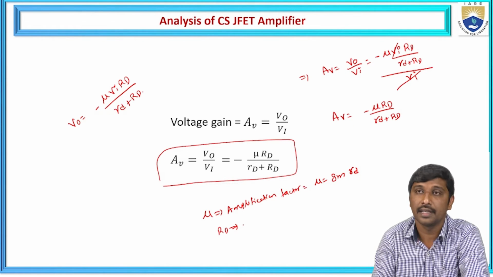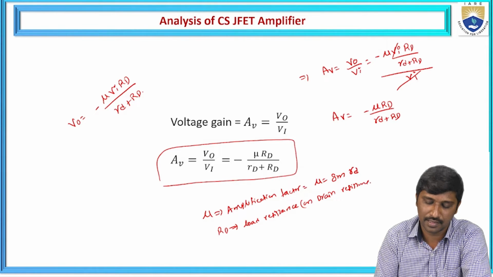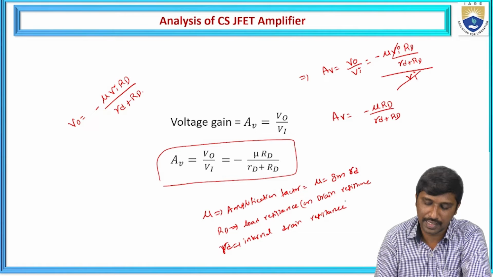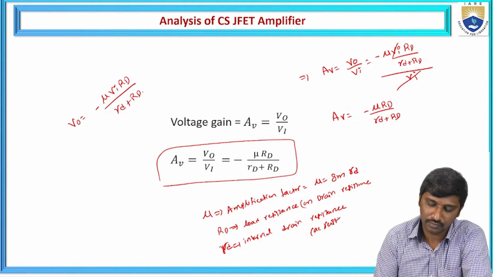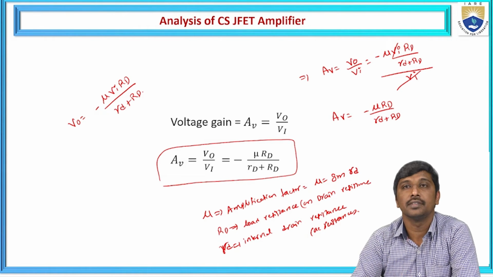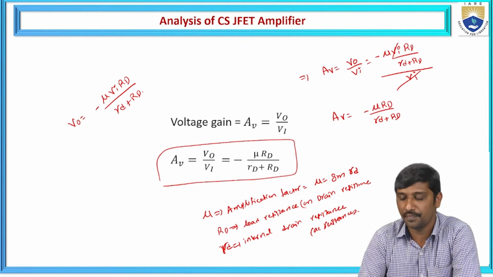Capital Rd is called the load resistance or drain resistance, the external drain resistance, and small rd is the internal drain resistance. It is also called the internal AC resistance. So this is the voltage gain for a common source JFET amplifier.